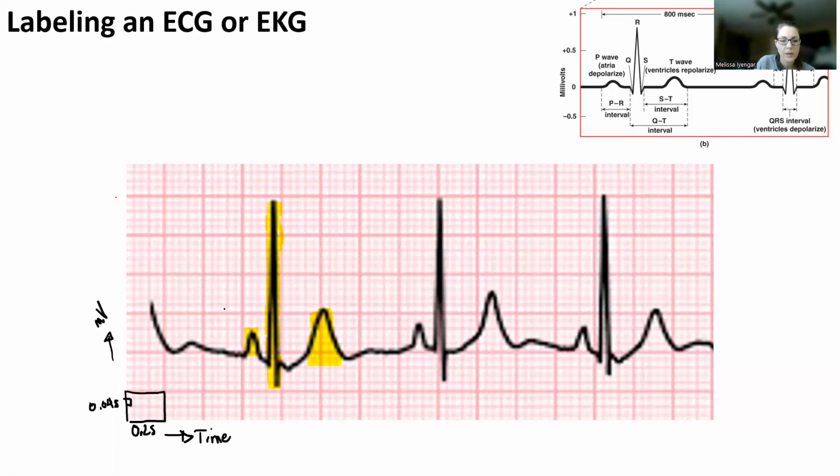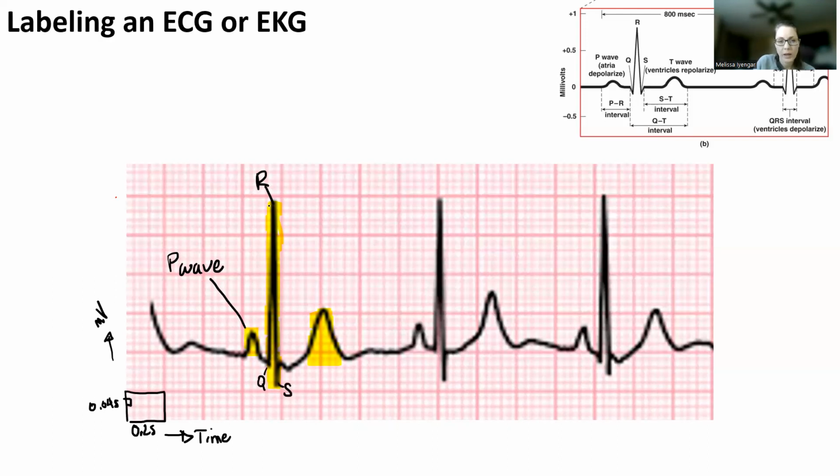This first one here is referred to as the P wave. The P wave is always a slightly smaller bump before this very large spike. This very large spike is the R wave. This little depression here is the Q wave, and this other depression is called the S wave.